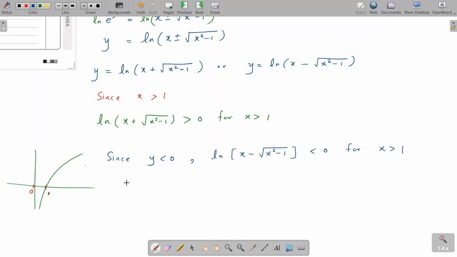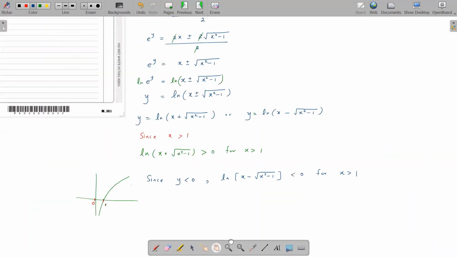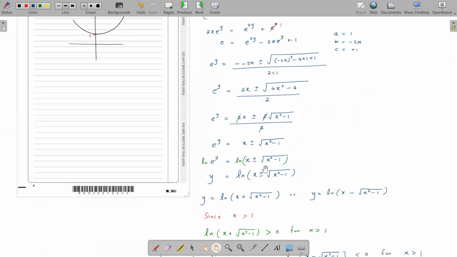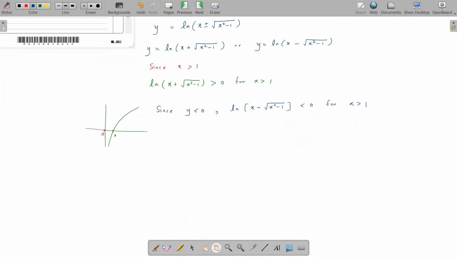So this means your answer for y should be ln of x minus root x square minus 1. So we can erase these parts.